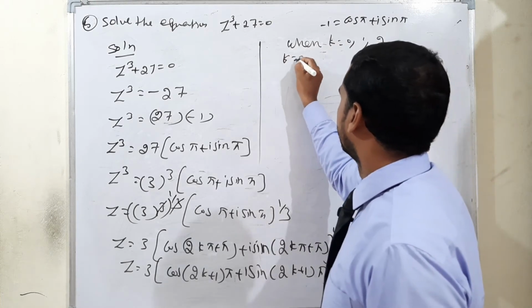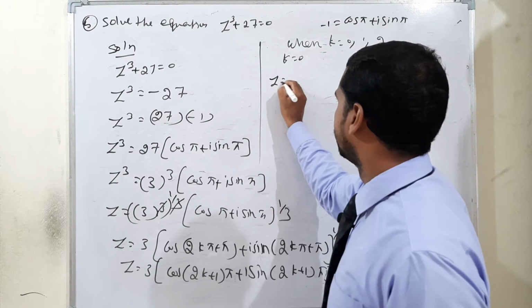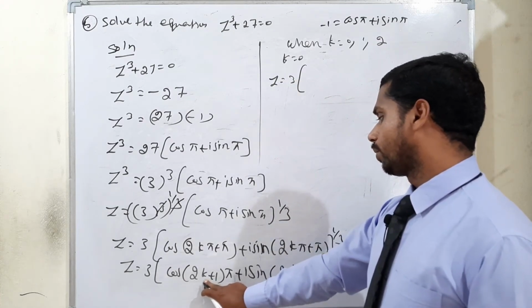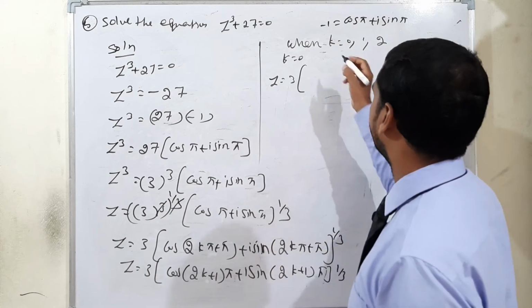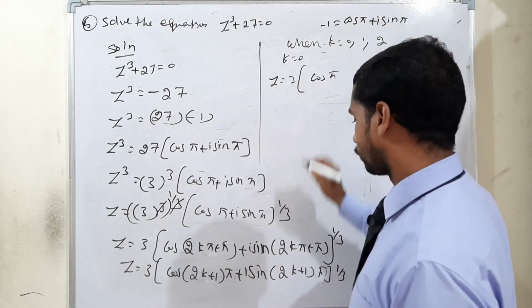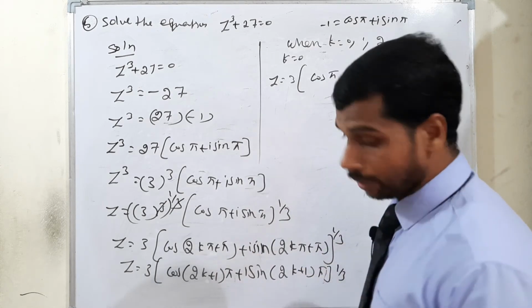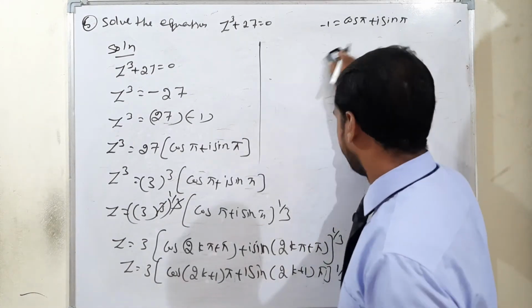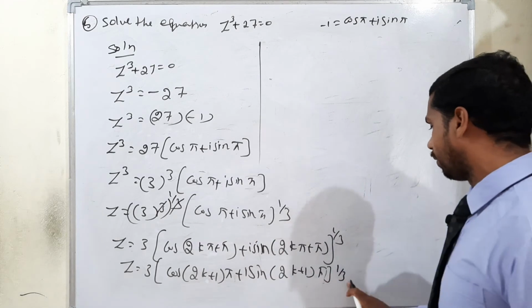First one, k is equal to 0, what will happen? z = 3 into, instead of k, apply 0, so 2 into 0 is 0, 0 plus 1 is 1 will come. So cos, sorry my dear, according to De Moivre's theorem, we didn't change it, isn't it? First we have to change it. So how to rearrange? By De Moivre's theorem, each and every term is divided by 3.